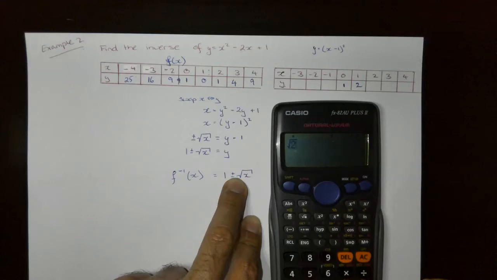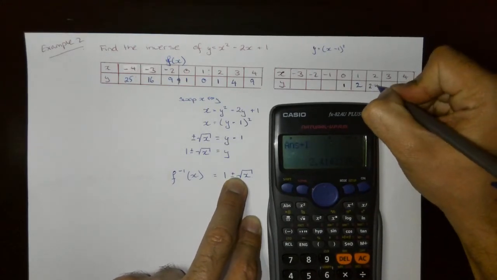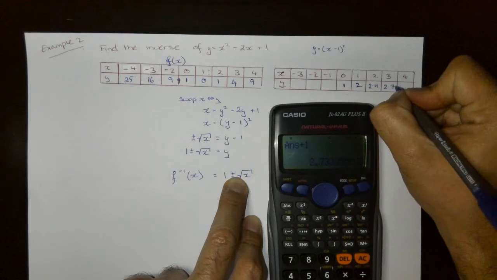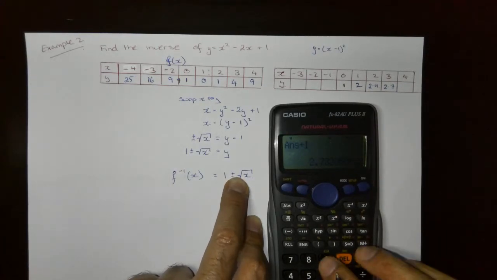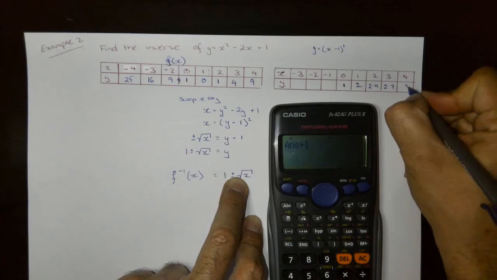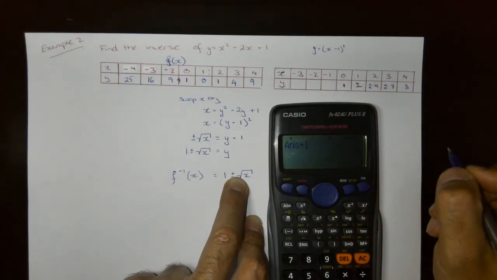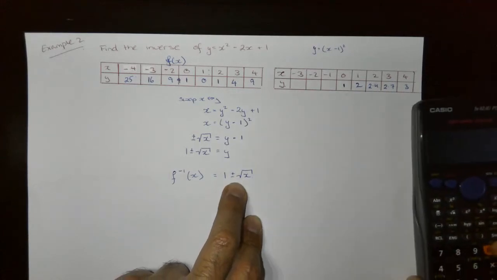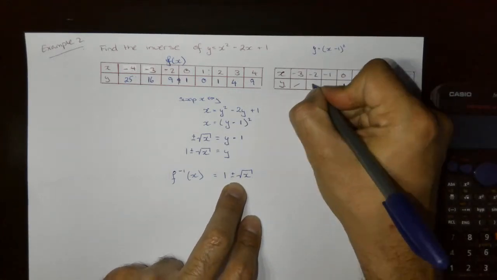Square root 2 plus 1 is 2.4. Square root 3 plus 1 is 2.7. And square root 4 plus 1 is 3.